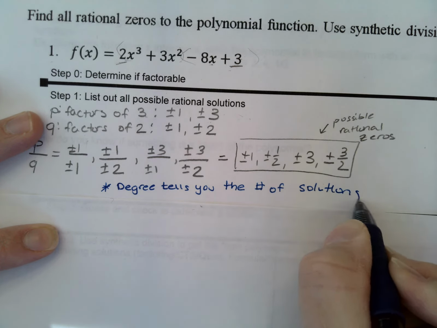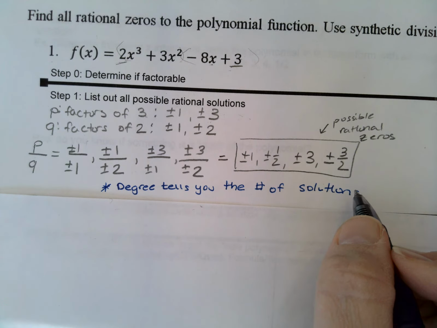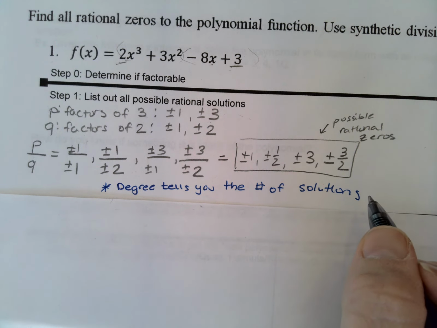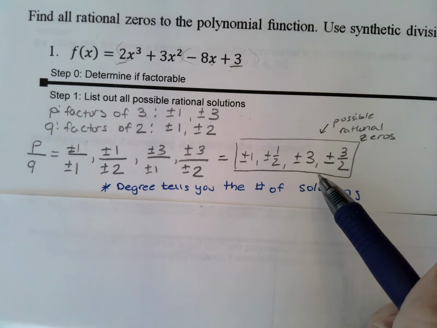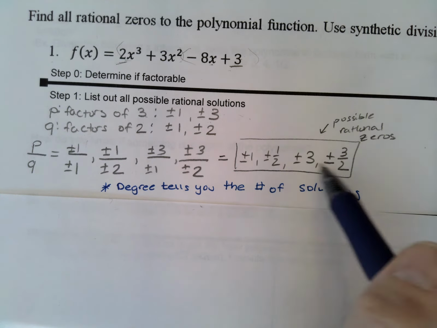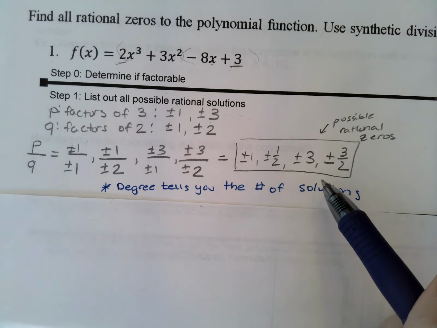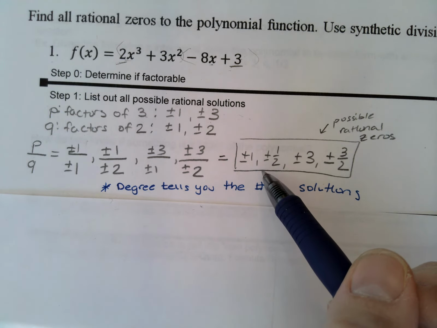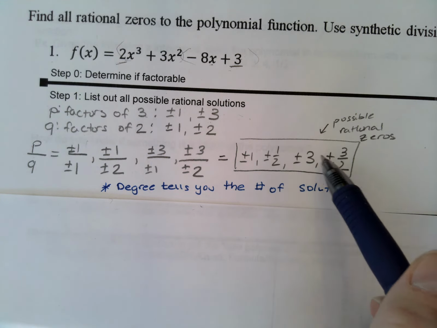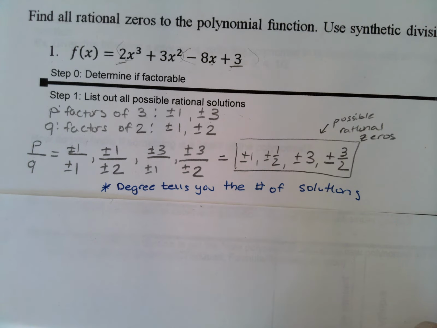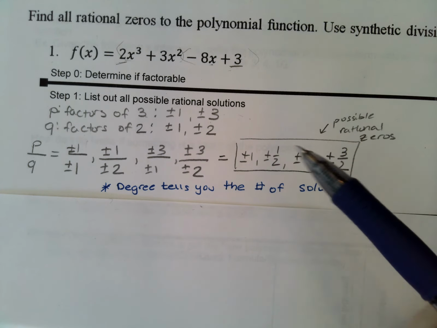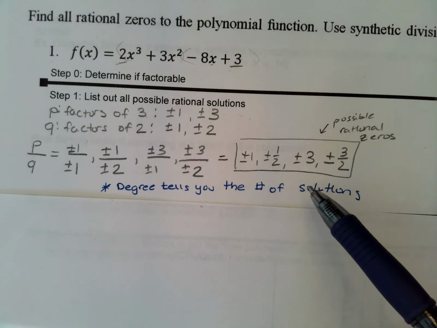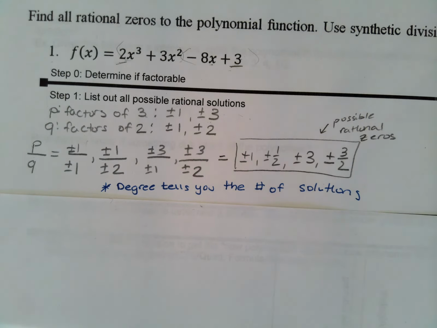Now the problem is it doesn't tell you how many are real solutions, how many of them are imaginary solutions, and how many of them are irrational solutions. These are just the possible, some of them. Okay, plus and minus square root of 3 isn't listed here, but that could be an answer. Okay, but because of what I'm doing, every single problem, at least one will work. Okay, so this has a degree of 3, so I'm going to have 3 solutions. Not all 3 will necessarily come from the list, but at least one of them will.